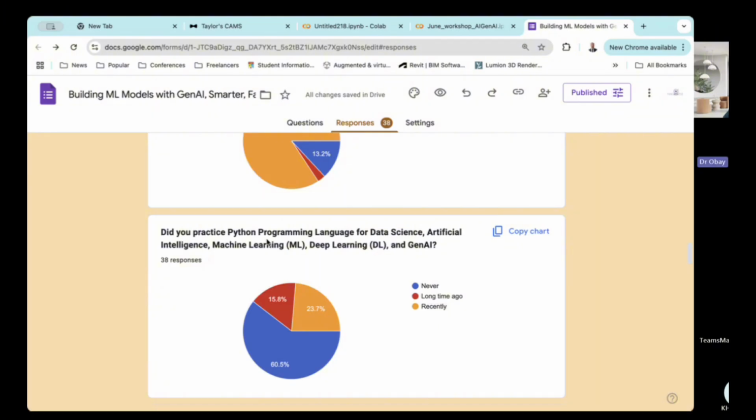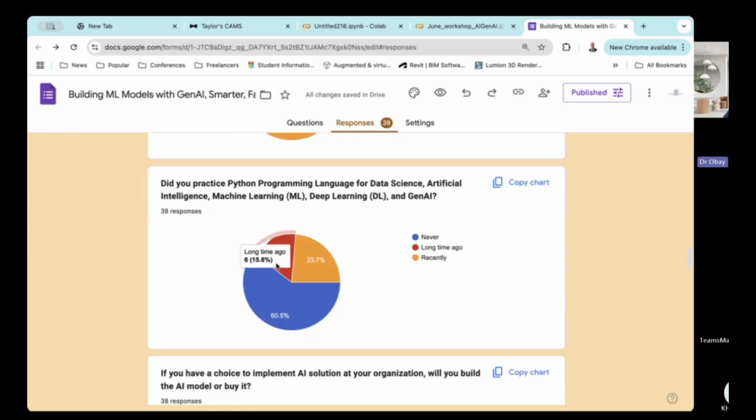Did you practice the Python programming language for data science, artificial intelligence, machine learning, deep learning, and generative AI tools? Majority never practiced. We have 6 of you a long time ago, and then we have 9 of you recently. Fantastic. First of all, you may ask, why the Python programming language while we have plenty of computer programming languages in the market?